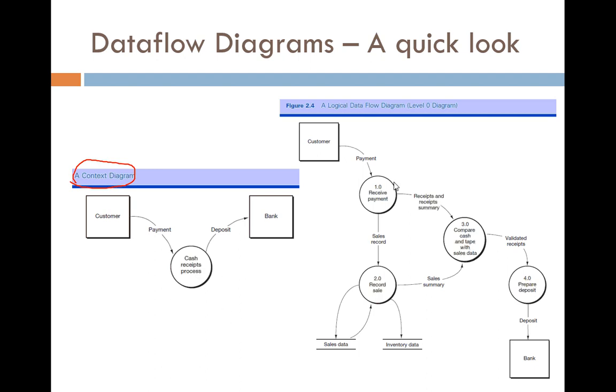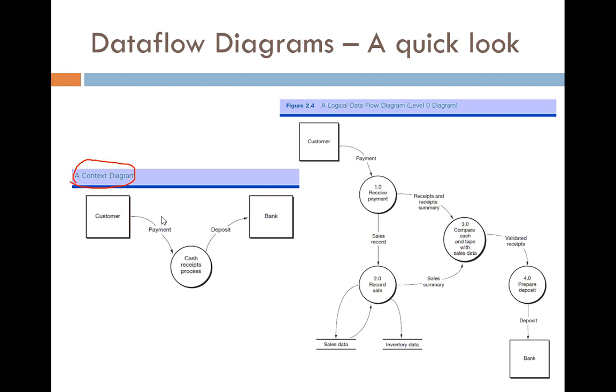So for cash receipts, the payment really gets consumed in something called received payment, and there are some internal data flows that get propagated, and then there's a record sale. There are some things going to a data store, some other processes, and so this is where you really start, in terms of semantics or what the data flow diagram means, to get down to what happens. And as you know or should know, these can be further broken down into level 1 and level 2 data flow diagrams till you have all the relevant detail.